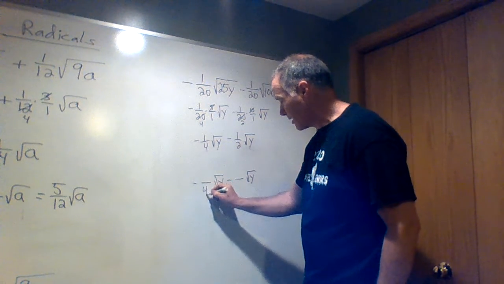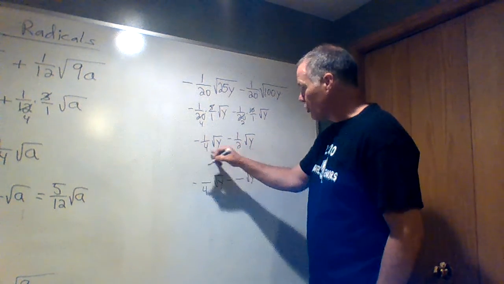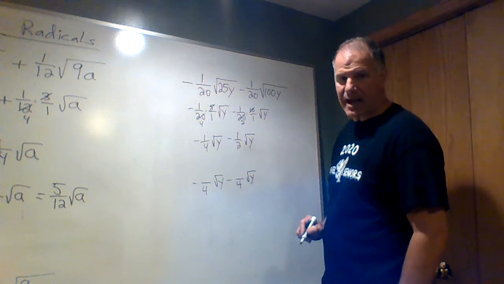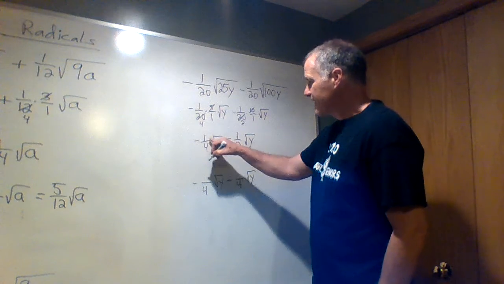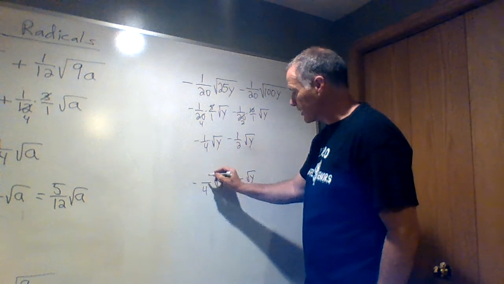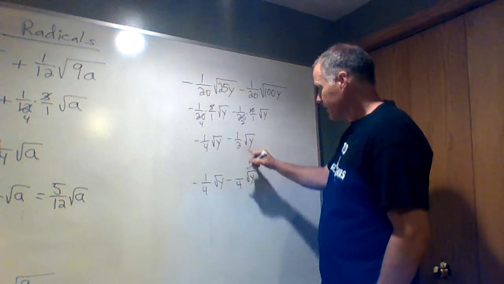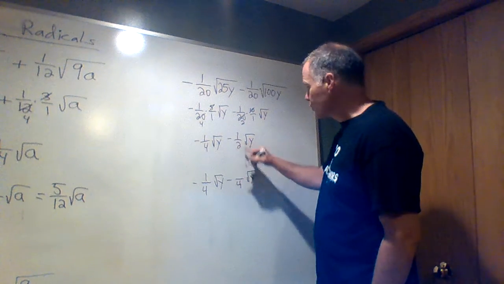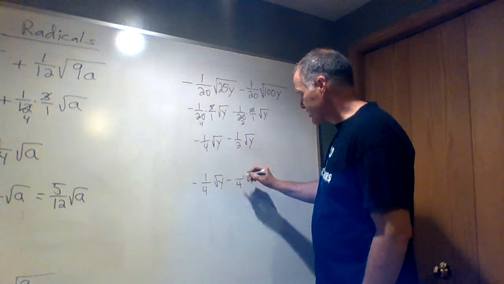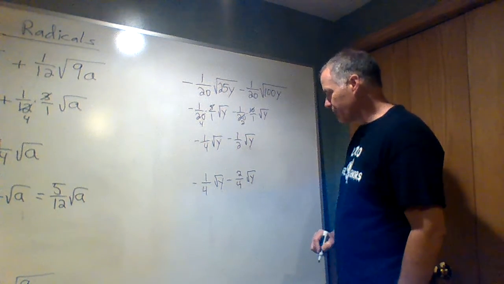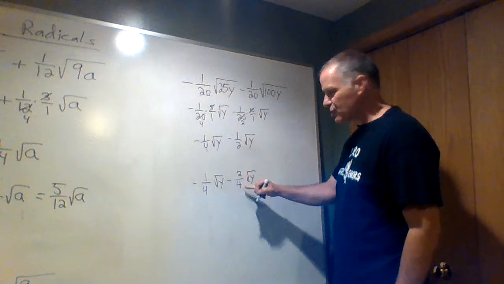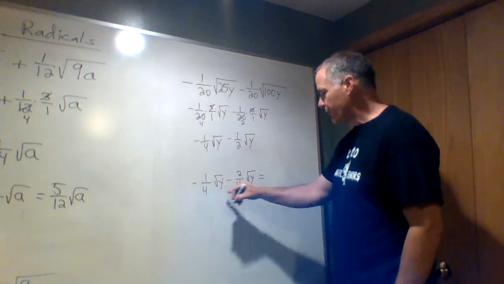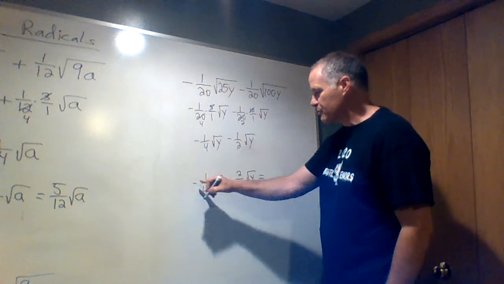So 2 can go up to 4, so I'm going to use 4 as my common denominator. Now because the 4 stayed 4, that's just going to stay a 1. Now 2 had to go up to a 4 times 2, so then 1 has to go times 2, so that's 2 fourths. 1/2 is the same as 2 fourths. Now that I have a common denominator, both have a 4 on the bottom, I can add their numerators because they're both negatives.